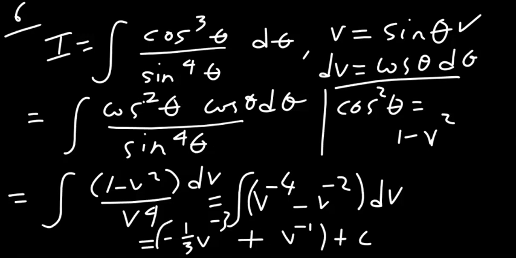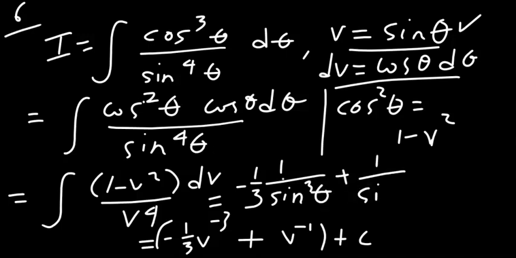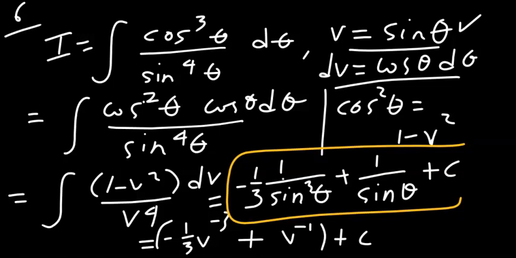The earlier two minuses will give you a plus, and you end up with that result. And rewriting the answer in terms of theta, using the fact that v is sine theta, we get minus 1 over 3, 1 over the sine to the power 3 theta plus 1 over sine theta plus the integration constant. And this is the final answer.